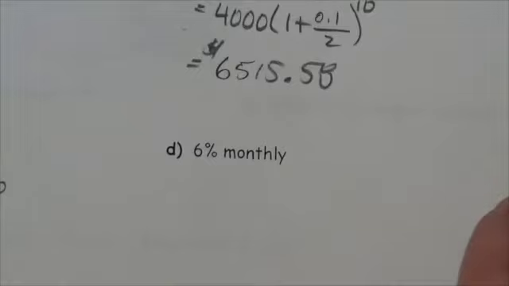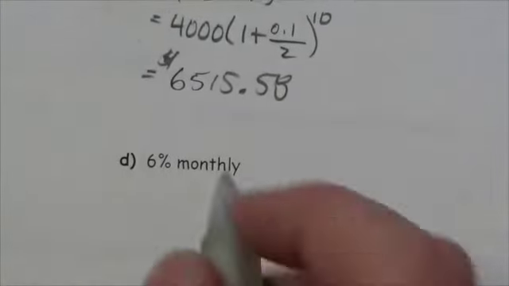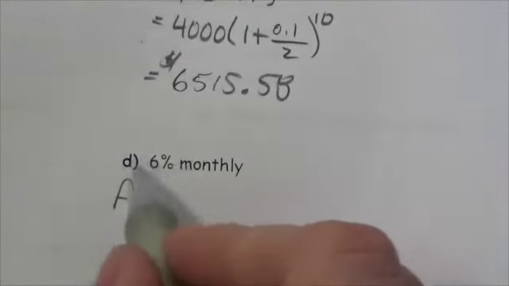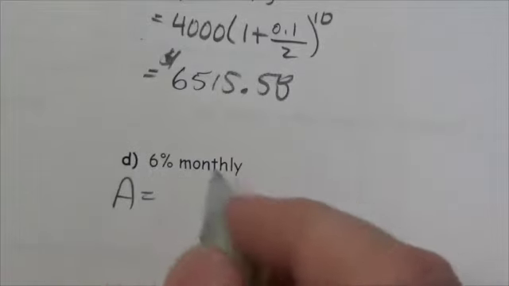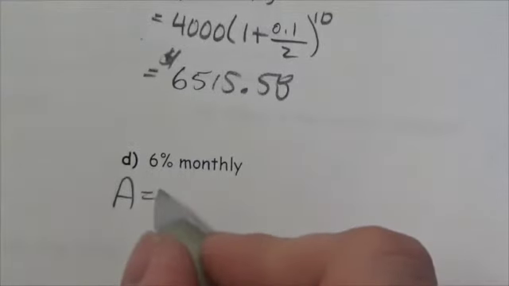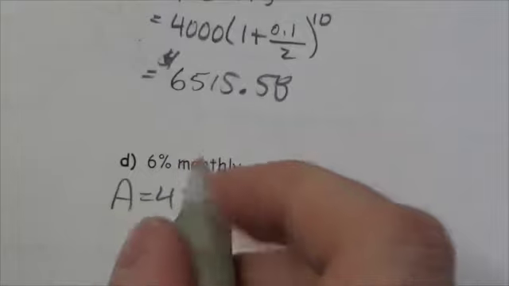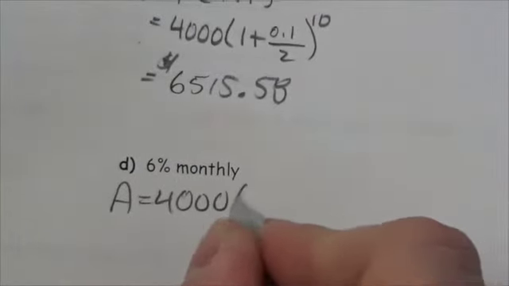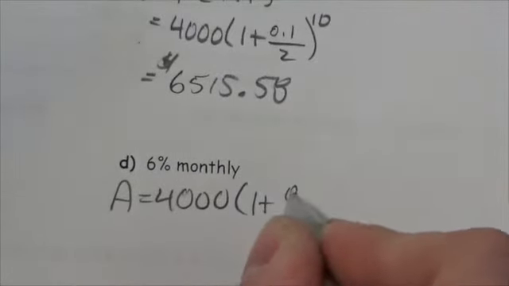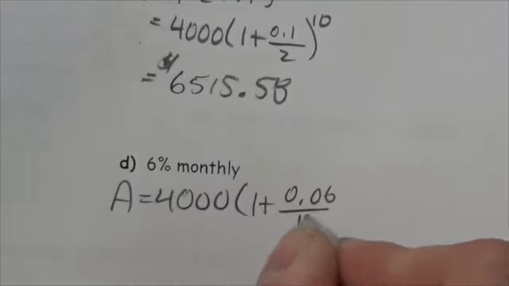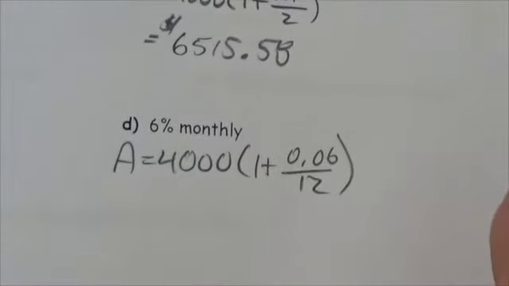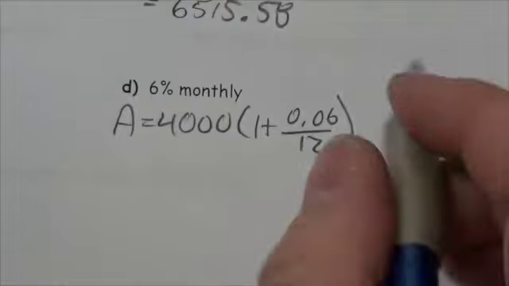It's interesting. 6% monthly. It can be interesting to see what happens when the interest rate drops, but the compounding goes up. So, well, I'll just enter it in there. 4,000, we already know what it's going to be. 4,000 times 1 plus 0.06, but I'm going to divide that by 12. Okay, I'm chopping up that interest rate into 12 bits.